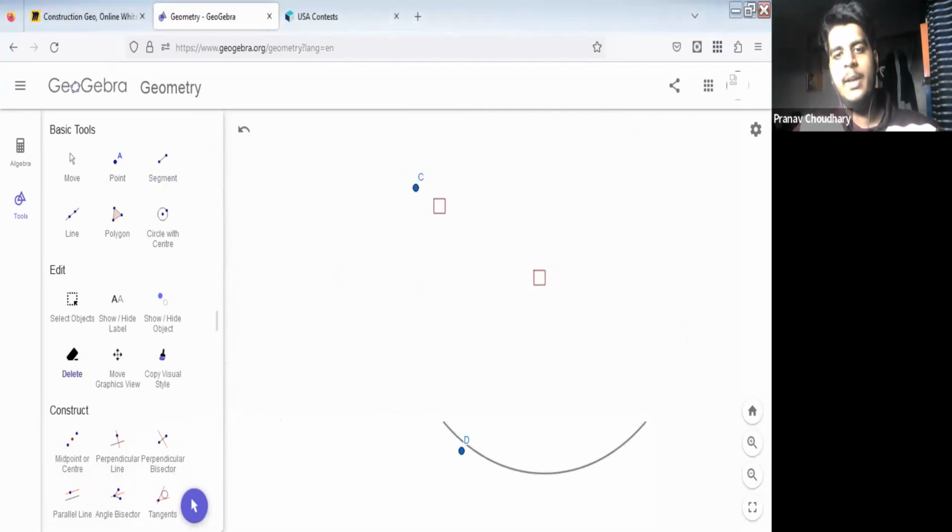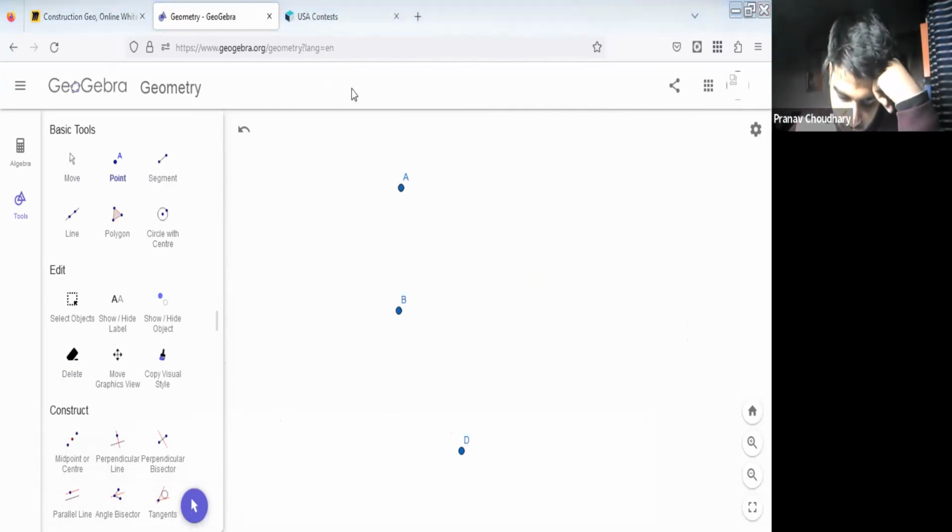Next. Now, can you reflect a point A over a point B? You're given a point A and given a point B. How do you reflect A over B? So can you repeat it?